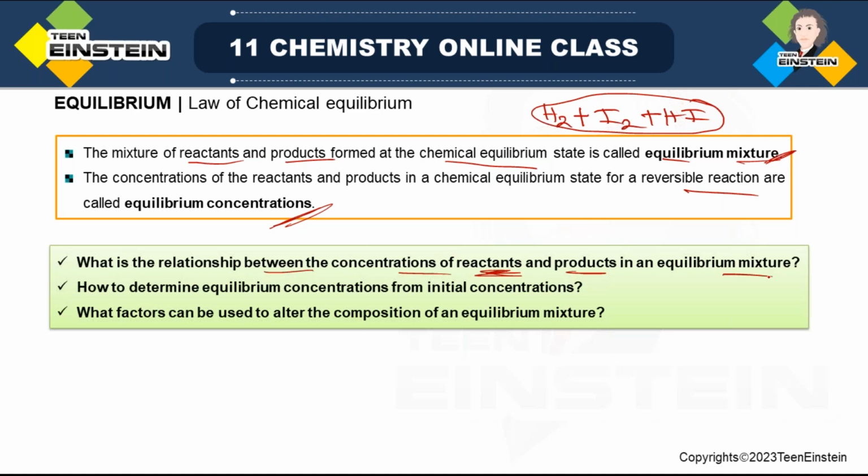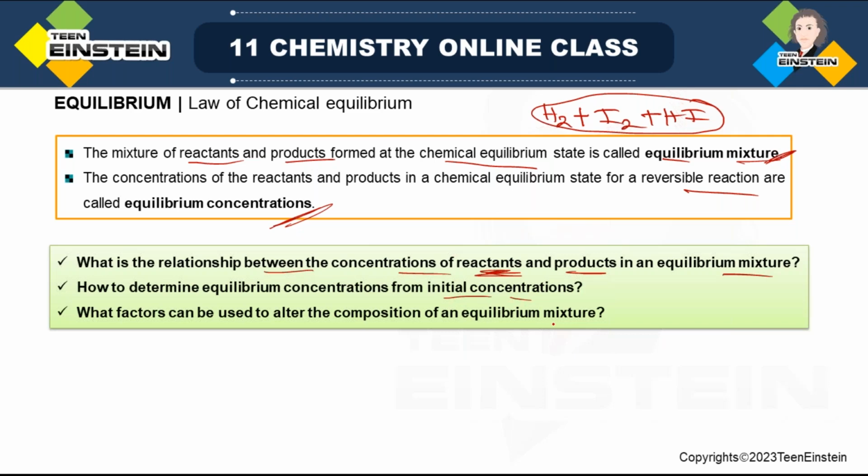Another question may be how to determine the equilibrium concentration if you know the initial concentration. In this case, you have started the reaction from H2 and I2, so you know what amount of H2 you have mixed with iodine. This initial concentration is known to you, and from these initial concentration values you want to determine the equilibrium concentration. Now, is it possible?